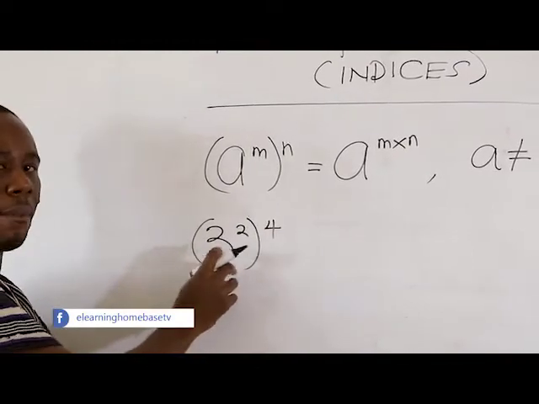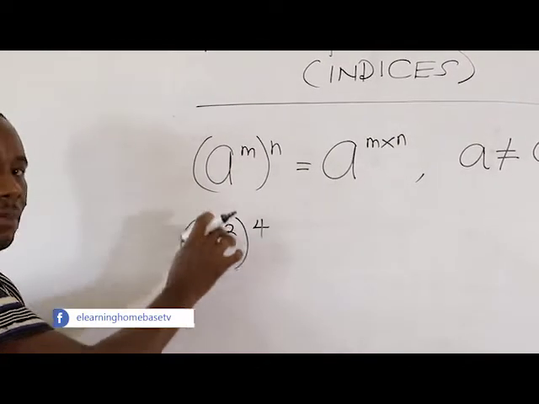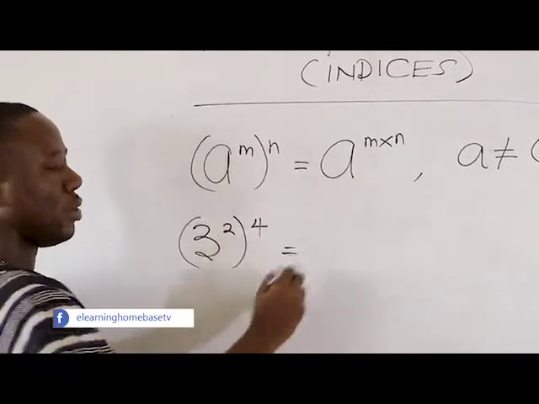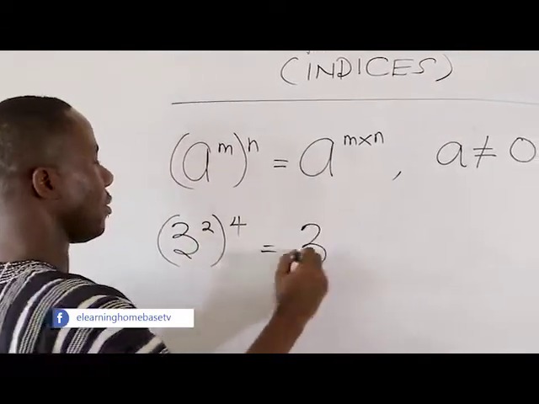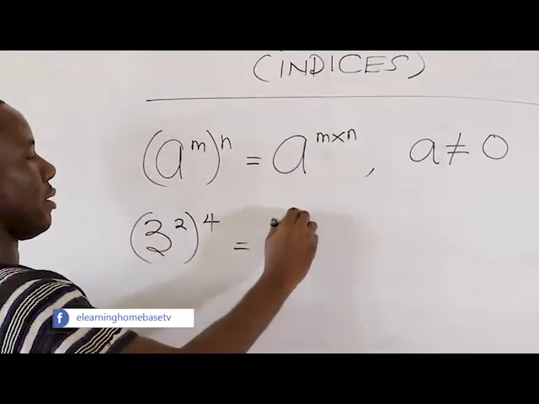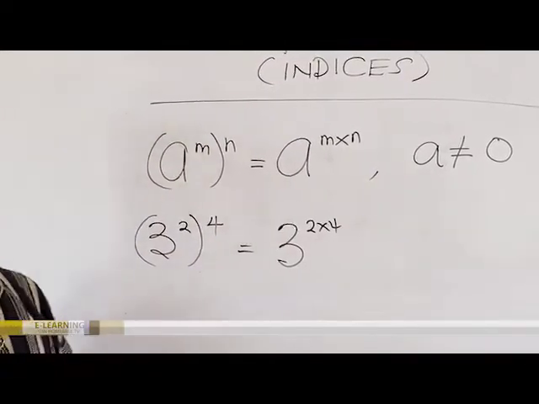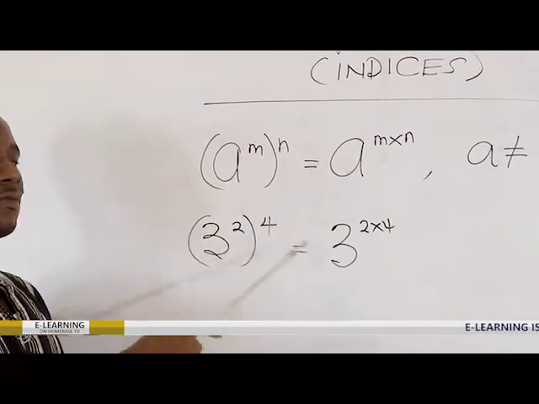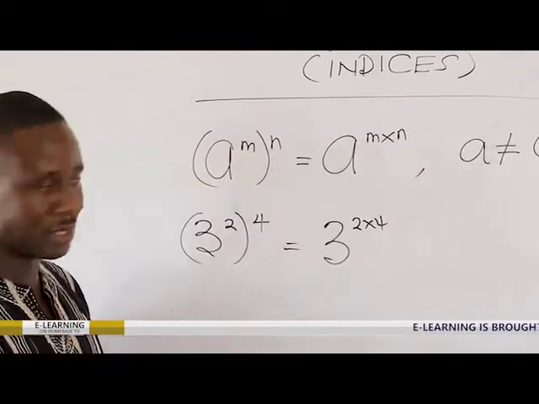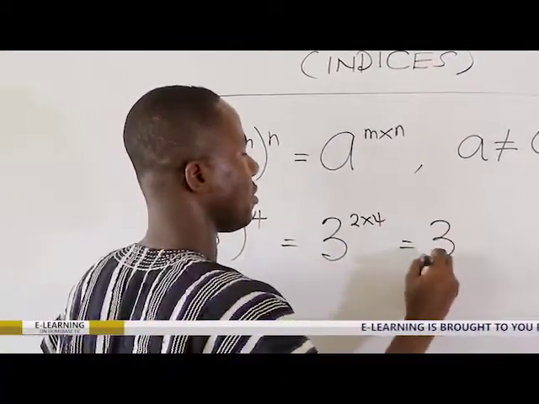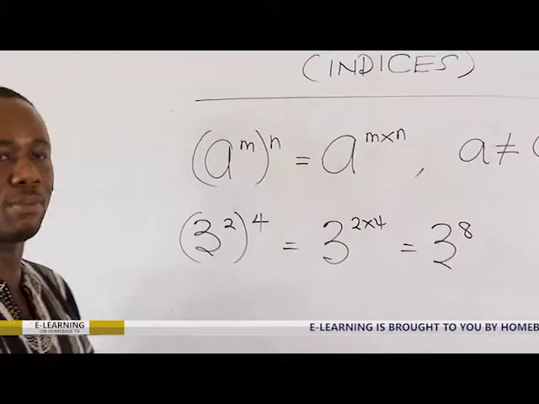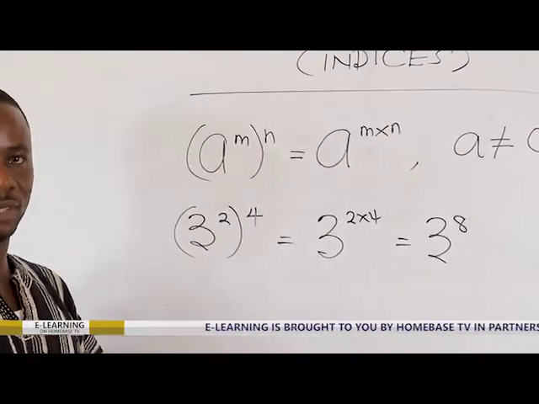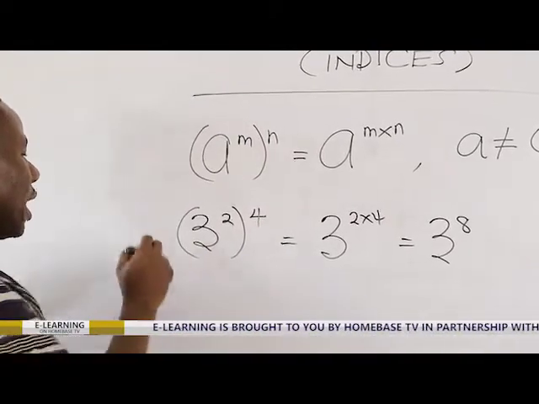Since we have a power expressed in the exponential form in the bracket and there's another exponent outside the bracket, you still keep the base and then multiply the exponents. So at this level we have 3 being the base and then 2 times 4. And what is 2 times 4? 8. So simply put, this is equal to 3 exponent 8. That's the first one.